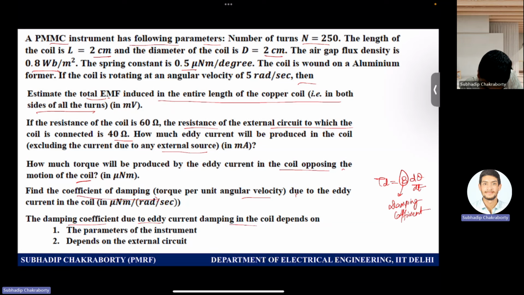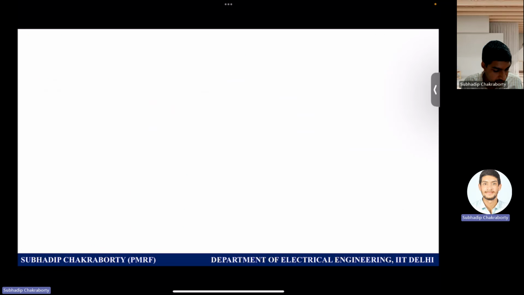Then the damping coefficient due to eddy current, you first determine, and then an MCQ type question is given: whether the damping coefficient due to eddy current damping in the coil depends on parameters of the instrument or depends on the external circuit. You need to determine. So I hope you have noted down the question.